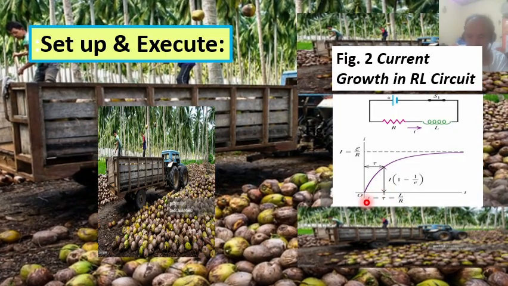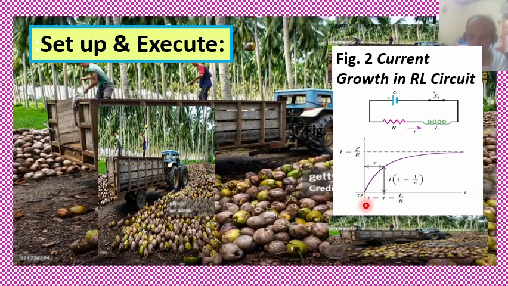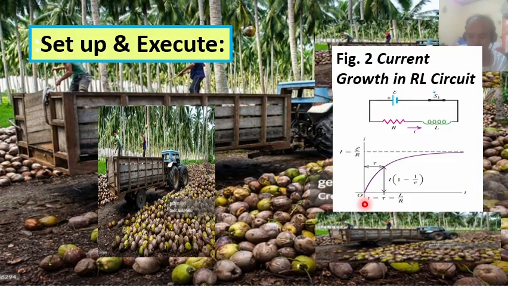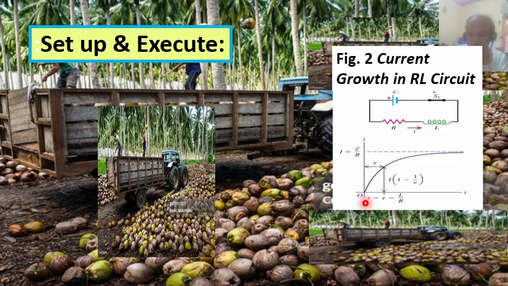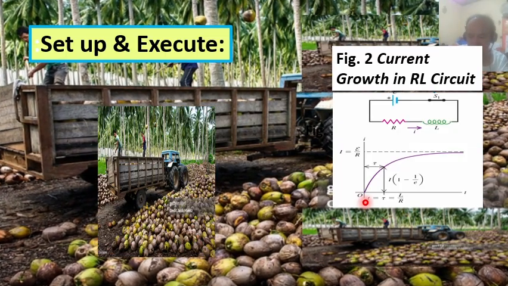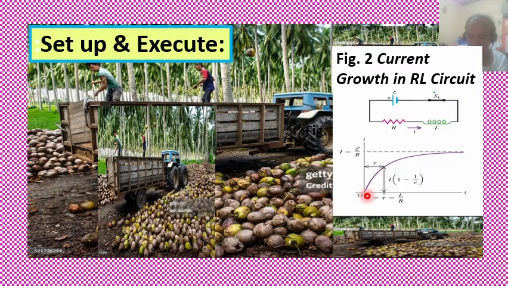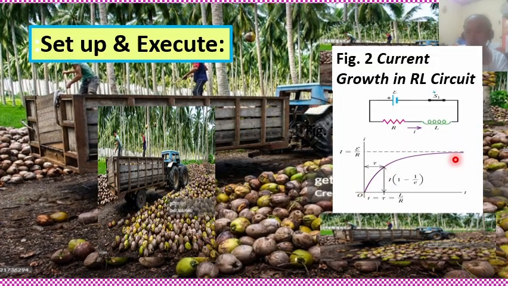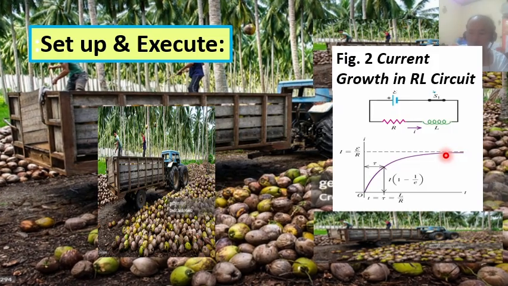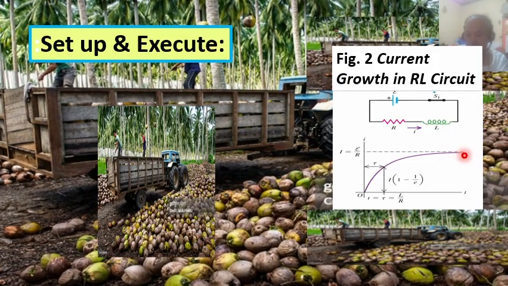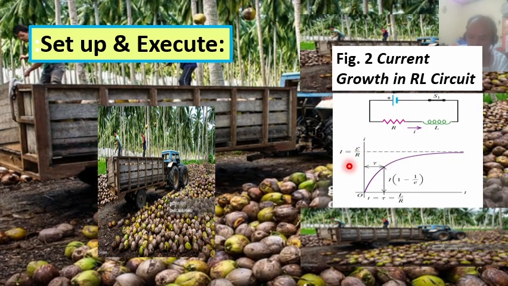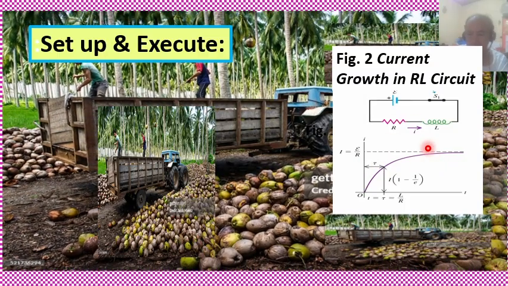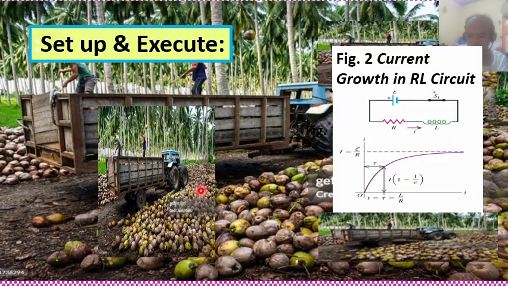At time equals zero, the current equals zero, and as time passes, there is a very fast increase in the current, but after some time, the increase becomes smaller and smaller until the current approaches a maximum steady value, which is equal to the EMF of the battery divided by the resistance big R.